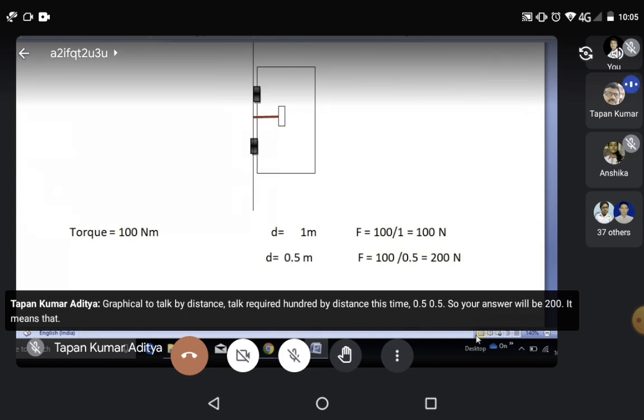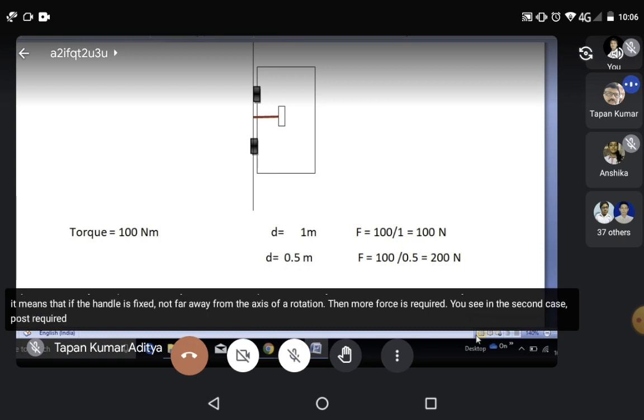It means that if the handle is fixed not far away from the axis of rotation, then more force is required. You see, in the second case, force required is 200 Newton. That's why, to reduce the force, I think you should practice it at home.